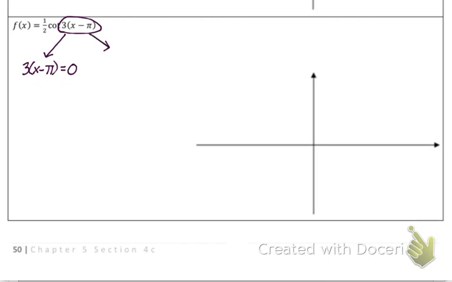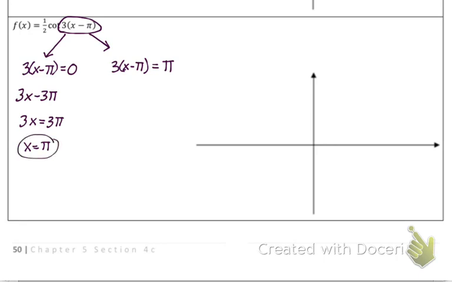And I'm going to go 3 times x minus pi is equal to my right-hand bound of my first set of vertical asymptotes, which is going to be pi. I'm going to rush through this. So I have 3x minus 3 pi. Add 3 pi to both sides. We have 3x equals 3 pi. Divide both sides by 3 and have x equals pi.